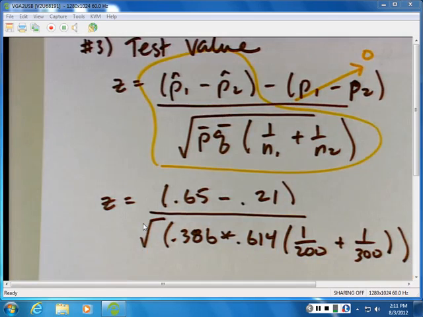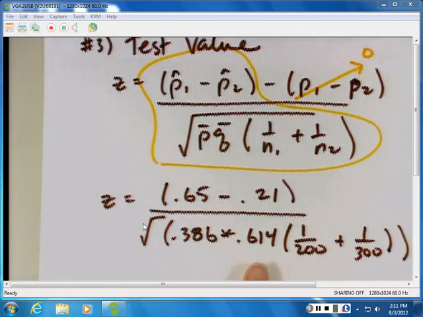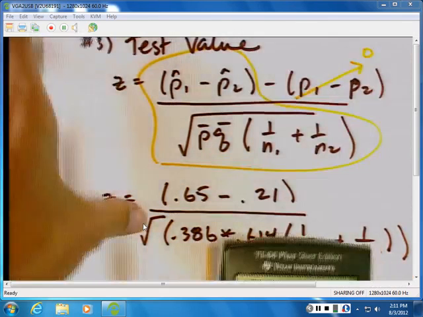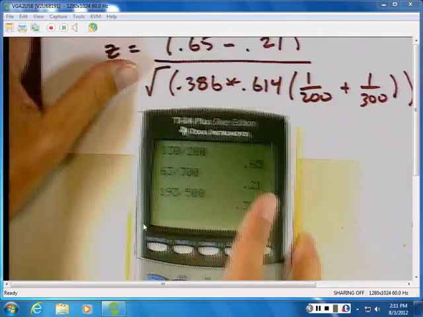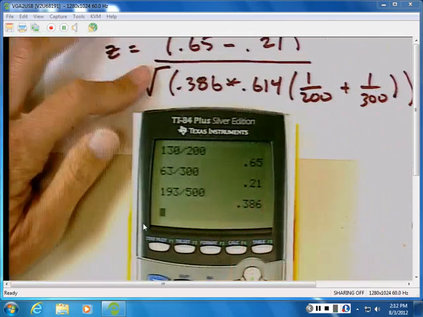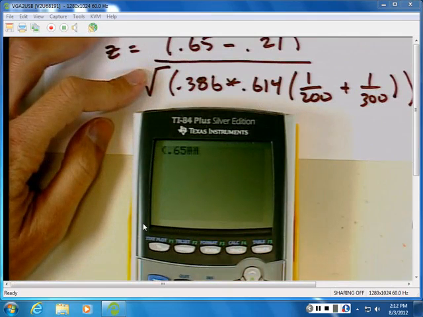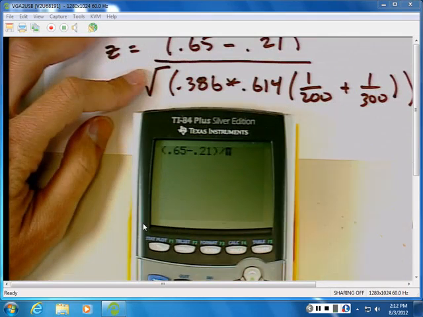It is helpful if you write it down. I know it's kind of a pain to write everything down. I can't tell you how many mistakes I find in this particular calculation just because someone didn't keep track of their parentheses. So writing it down is a great way to go. So I'm going to go ahead and type this in. I am going to show you my keystrokes so that you can see exactly how to get from here to the answer. Let me clear that. So parenthesis 0.65 minus 0.21, parenthesis, there's my numerator, divided by the square root.